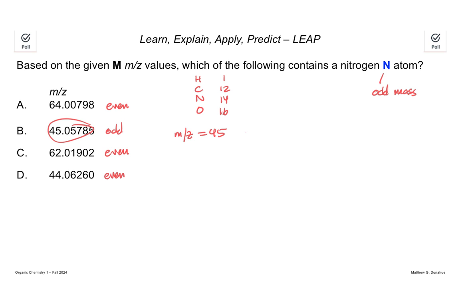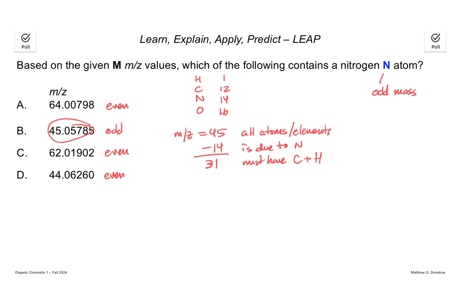So this is all atoms of the different elements. We can say, okay, 14 of that is due to nitrogen. So we get 31. Then we're going to assume the remaining 31 must be C plus H.